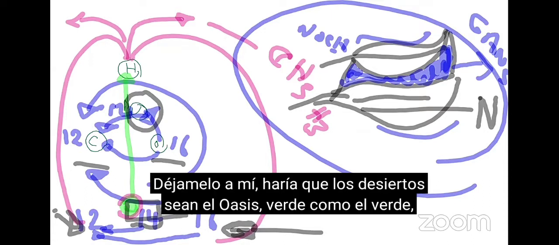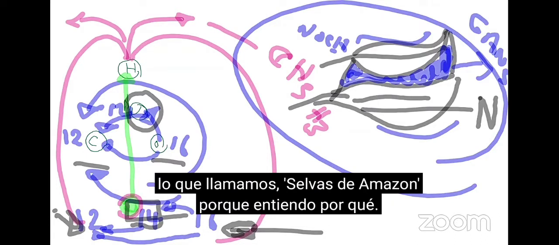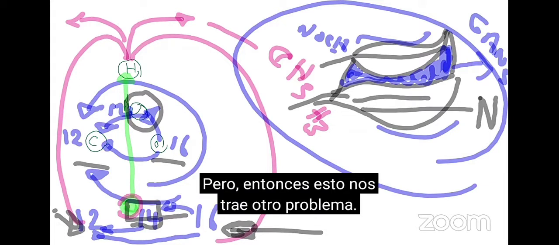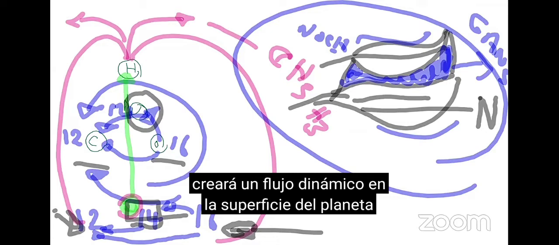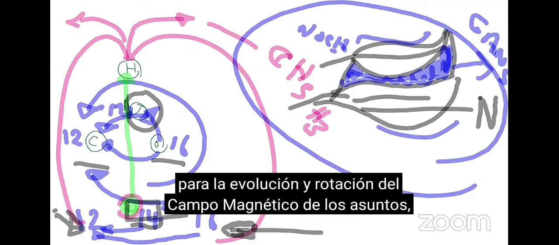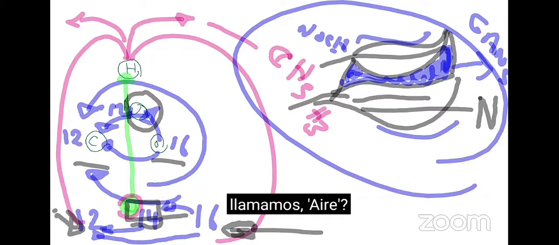Leave it to me, I can make the deserts an oasis, green as what we call the jungles of Amazon, because I understand why. But then this brings another problem for us. If we do such a thing, it will change the dynamic flow on the surface of the planet for the evolution and rotation of the magnetic field of the matter we call air.